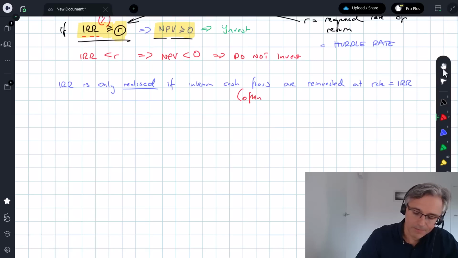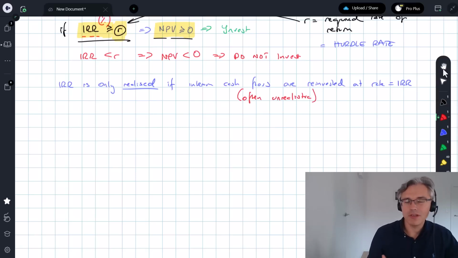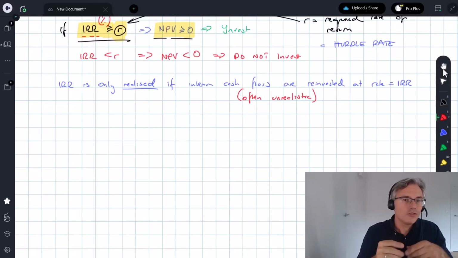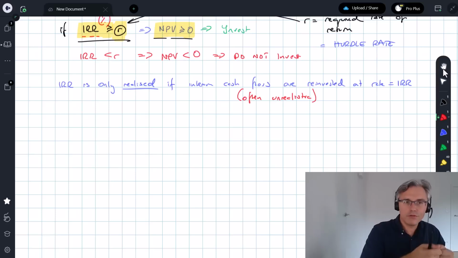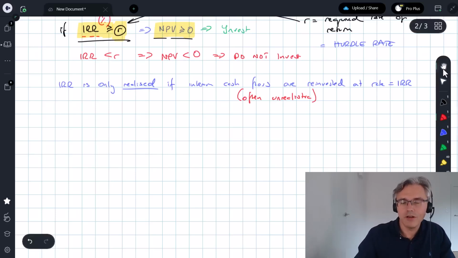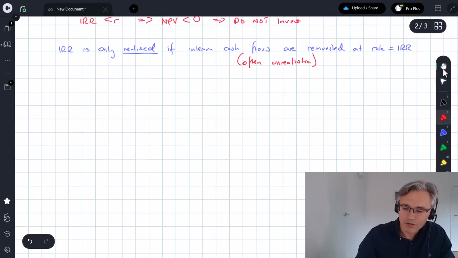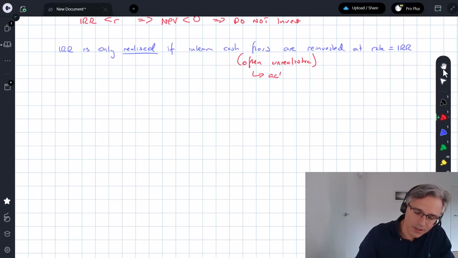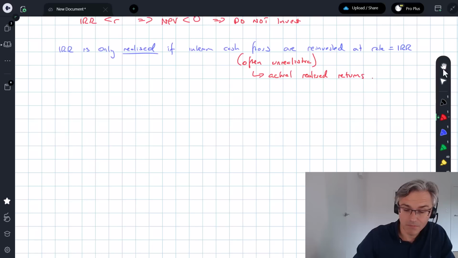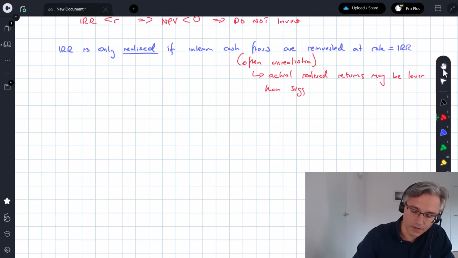Sometimes, a certain project has a very high rate of return, but you don't really realistically have an opportunity to put that money into a further project that will generate as much return as this one. So, because this is often unrealistic, actual realized returns may be lower than suggested by IRR.